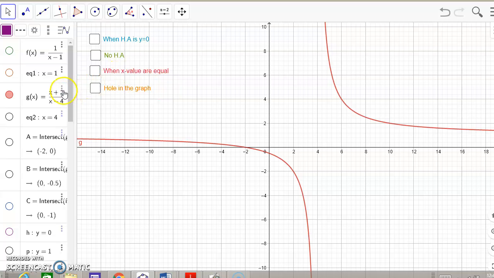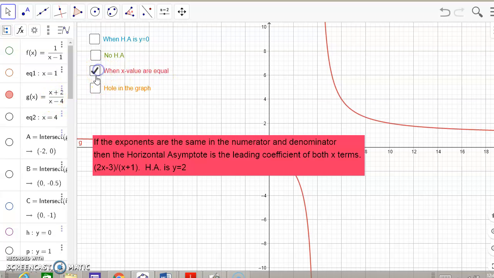If you look at this equation, the x value on top and the x value on the bottom have the same exponential value, x to the power of 1. It says if the exponents are the same in the numerator and the denominator, then the horizontal asymptote is the leading coefficient of both terms.